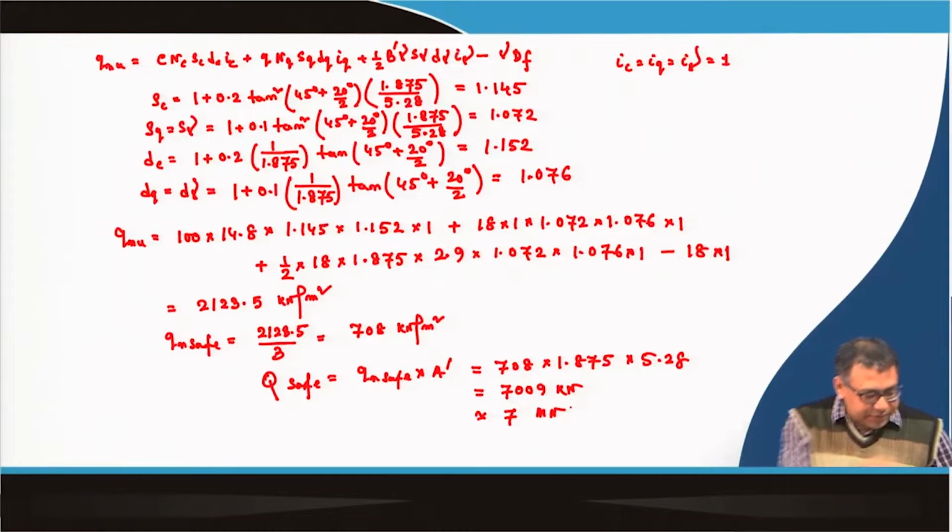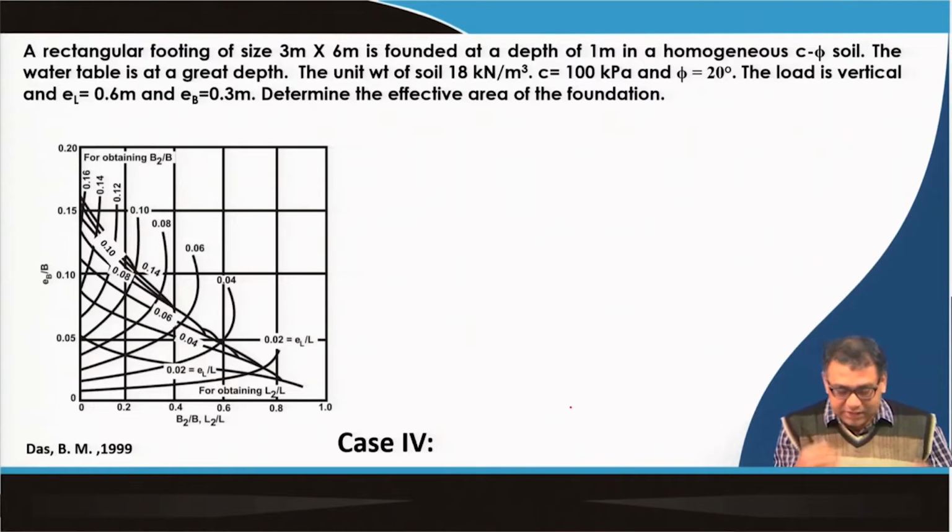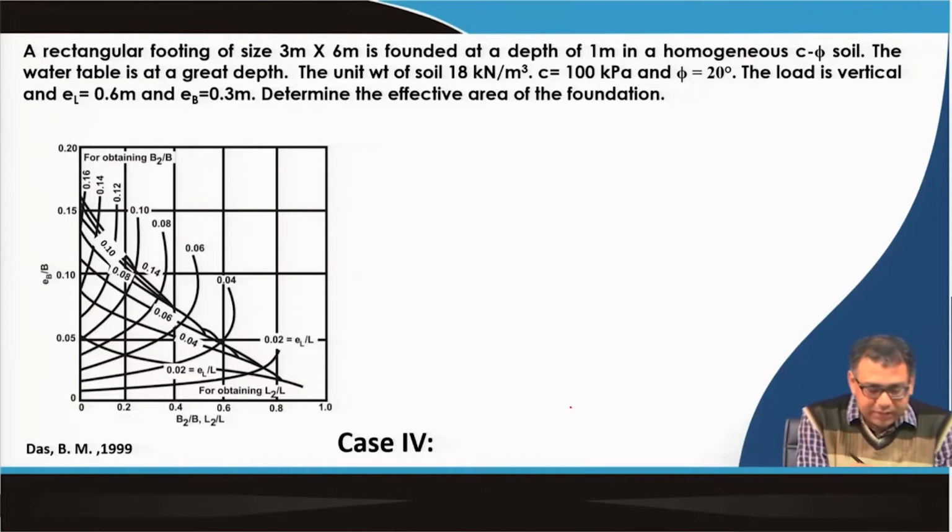So, now the next problem that I will explain is how I can use case 4 to determine the effective area of the foundation. Okay. So, now this is a similar type of problem, the only difference is that here the EL is taken 0.6 meter and EB is taken 0.3 meter.